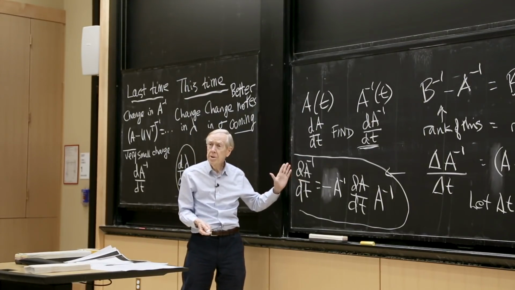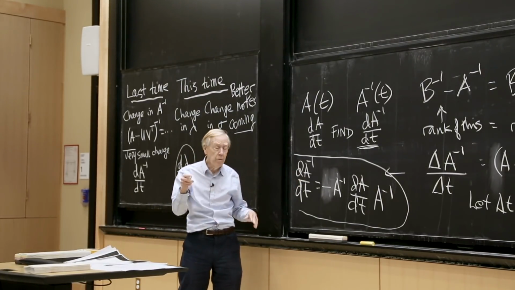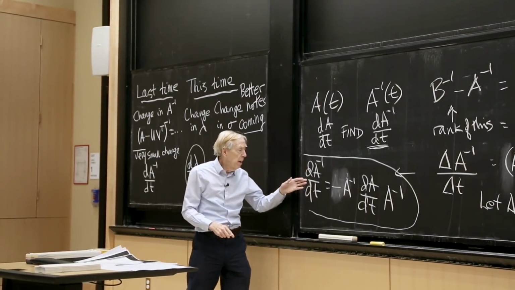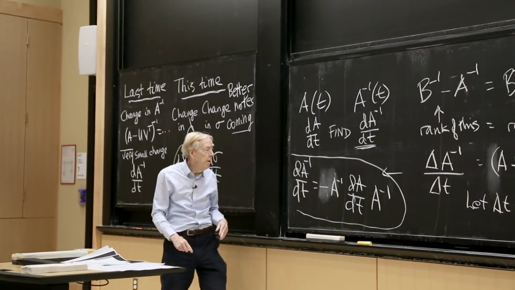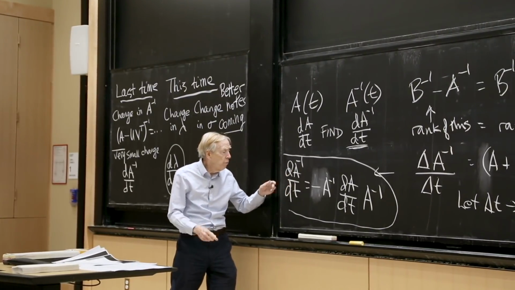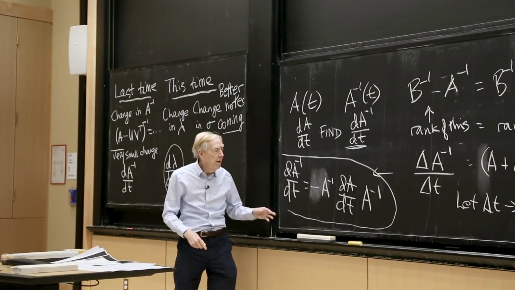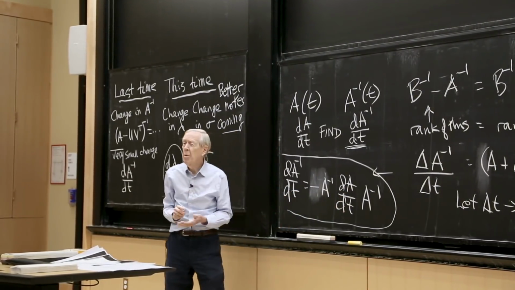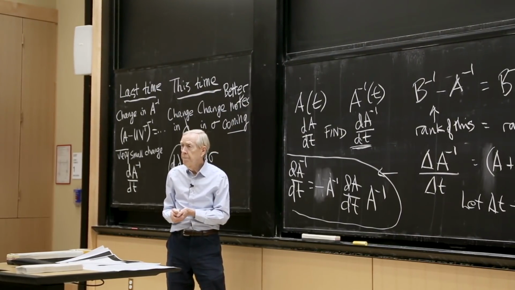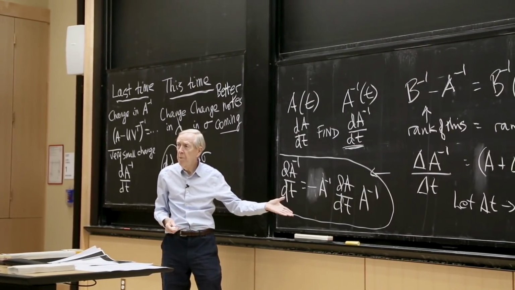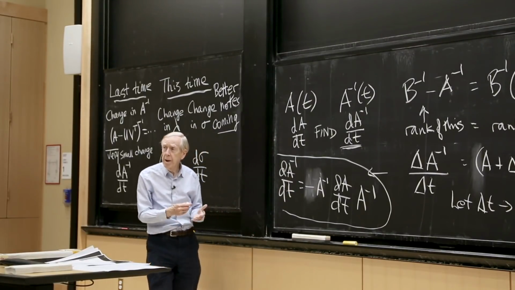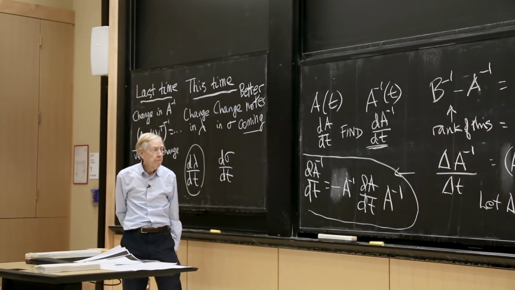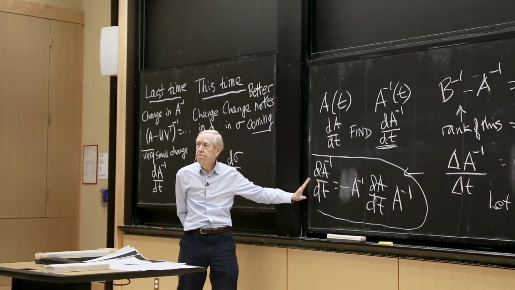A inverse, just in the 1-by-1 case, is just 1 over X. So, or maybe T, I should be saying. If A is just T, then the derivative of 1 over T with respect to T is minus 1 over T squared. Right? In the 1-by-1 case, we know that's what calculus does, and now we're able to do the n by n case. So that's just good.